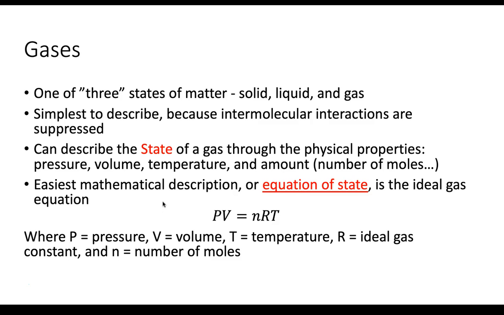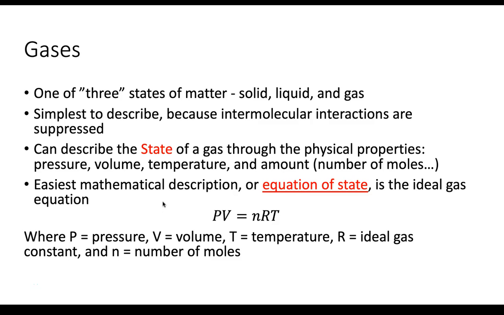Gases are not more important than solids and liquids, although as you'll see as we go through this course, we'll talk a lot more about gases, and we're going to explain why. Most of it is because they're the simplest to describe. A gas phase is the one where the intermolecular interactions are pretty much as small as they can be.